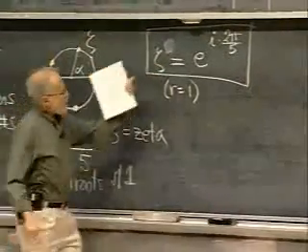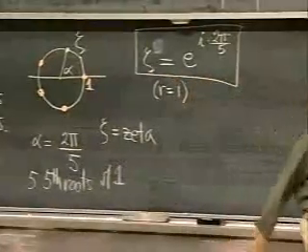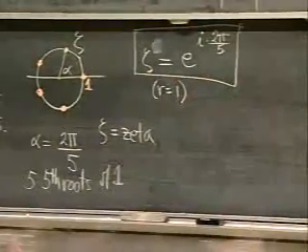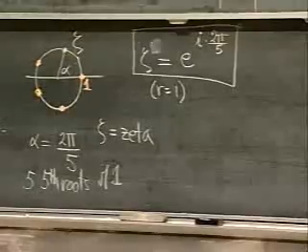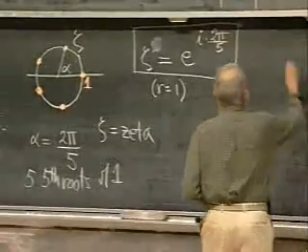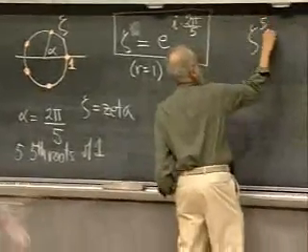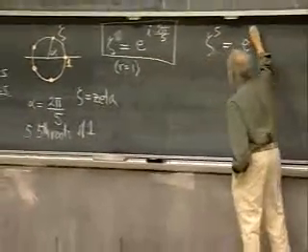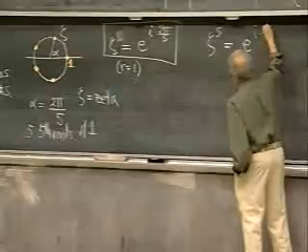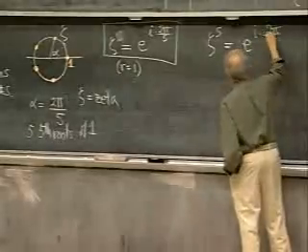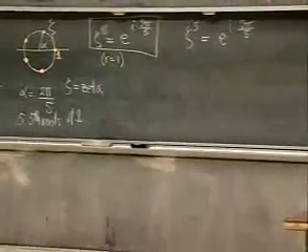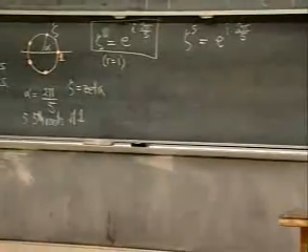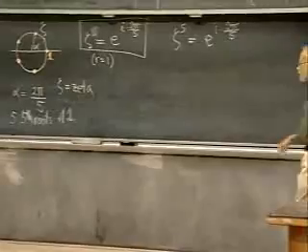Now, let's say somebody gives you that number and says, hey, is this a 5th root of 1? I forbid you to draw any pictures. What would you do? You say, well, I'll raise it to the 5th power. What's zeta to the 5th power? Well, it's e to the I 2 pi over 5, raised to the 5th power. By the exponential law, that's the same thing as putting a 5 in front of the exponent.